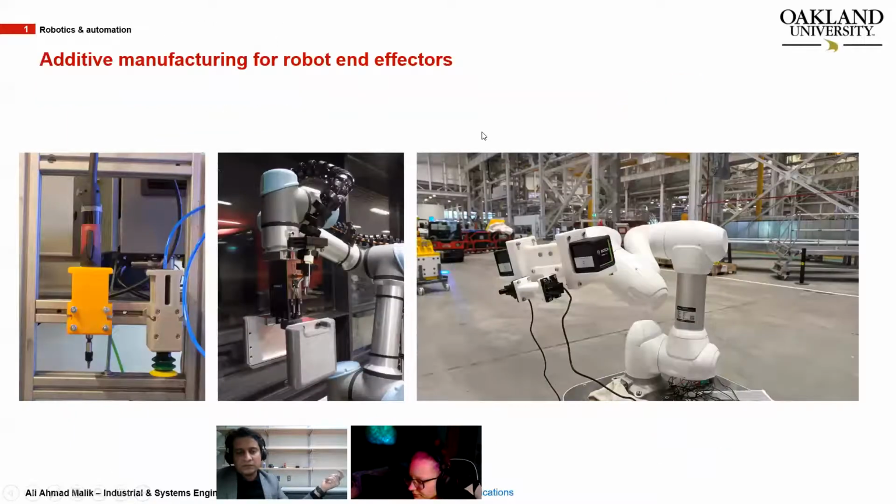So the new approach is, what if we use 3D printing to develop these kinds of tools? At least in the development phase, it provides a good solution to quickly develop these tools with 3D printing or additive manufacturing, and they can be used with a robot gripper.